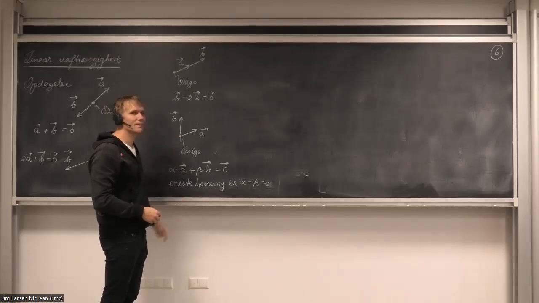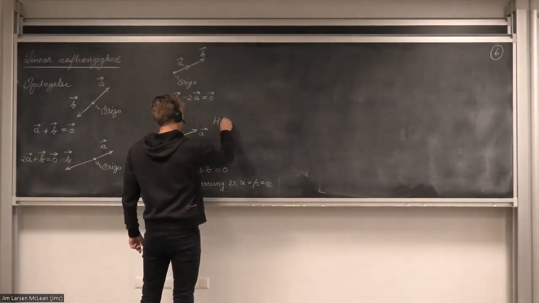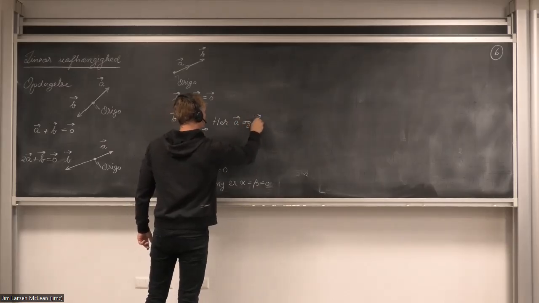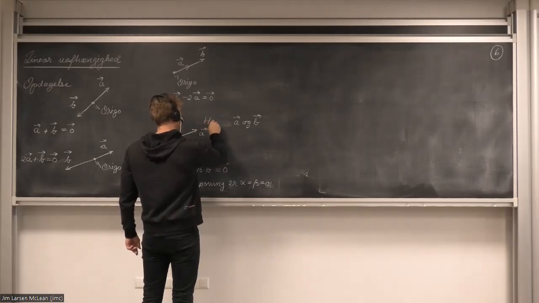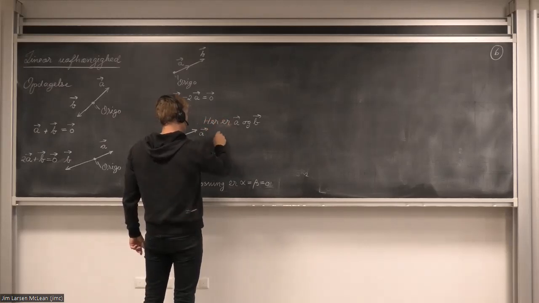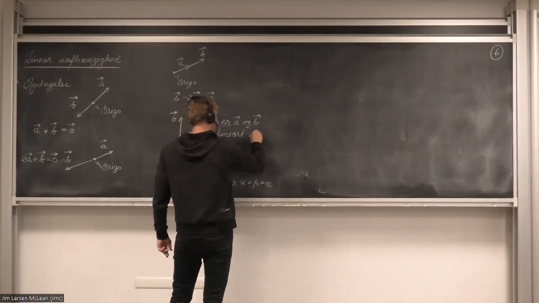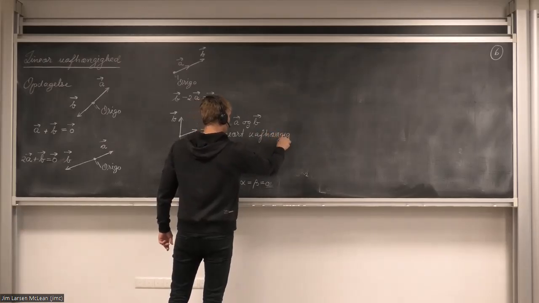When they are not parallel, we call them linearly independent. So here, vector A and vector B are linearly independent. And when they are parallel, they are linearly dependent. And that's what it means. Simply put, that they are not parallel.